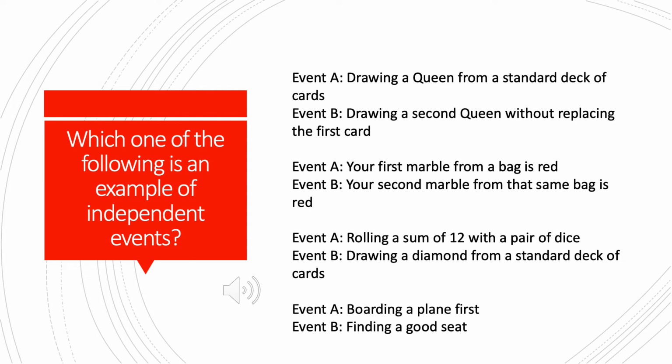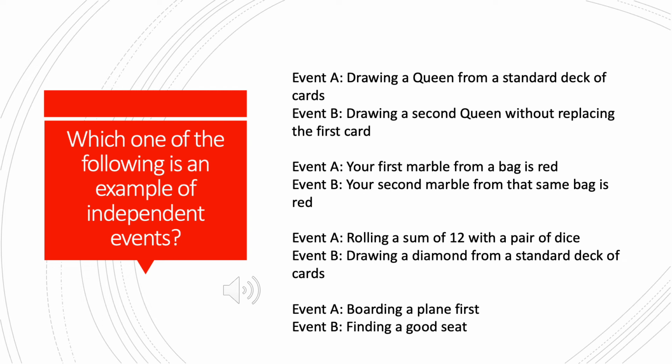Independent means that performing the first event has no effect on the probabilities associated with the second event. So if we draw a queen from the standard deck of cards and then we want to draw a second queen without replacing that first queen, are those independent events? No, because when we've taken that first queen out, we've changed the probability of drawing a second queen.